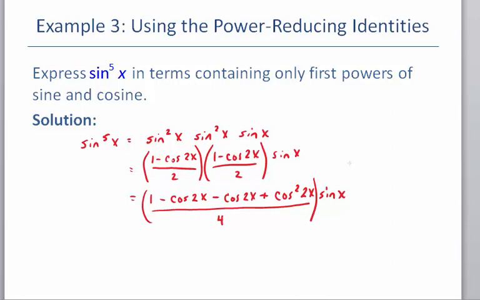Okay, so let's go ahead and combine those middle terms. So that is going to give me 1 minus 2 cosine 2x plus cosine squared 2x.